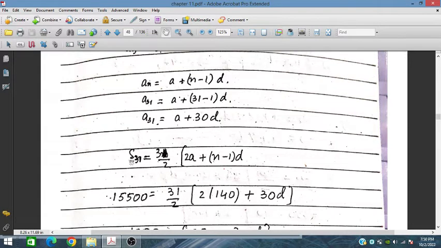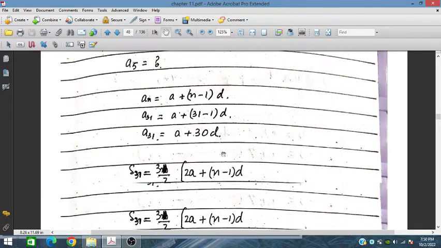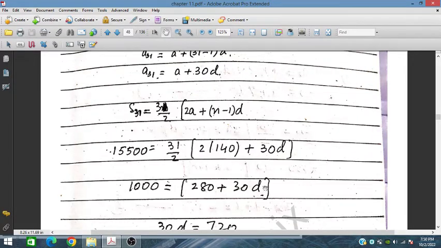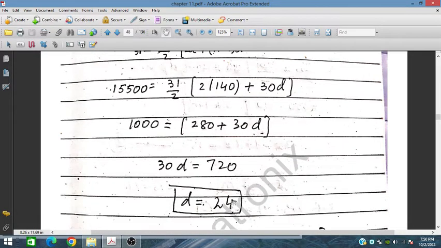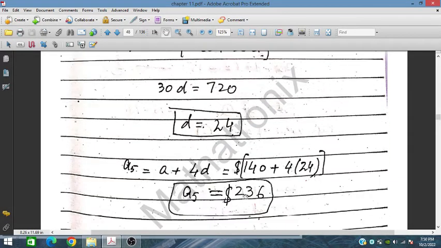And for S31 we have 15,500. This is 31 by 2. This is 2, and the first one is 140. We write down all these things here, and the result we have obtained is D is equal to 24. So the difference is 24. So for the fifth term we will pay $236 instead of 140.